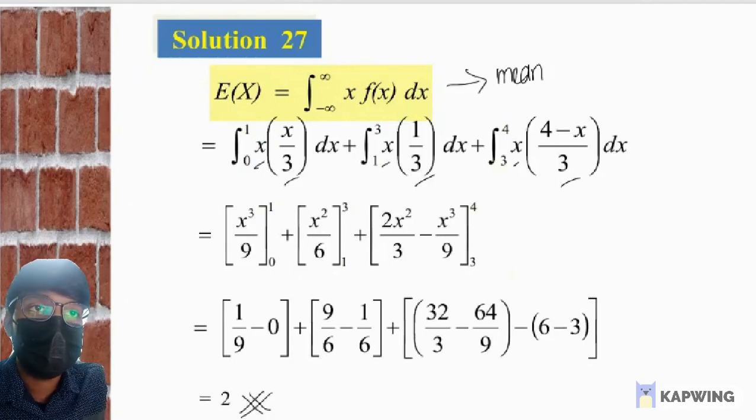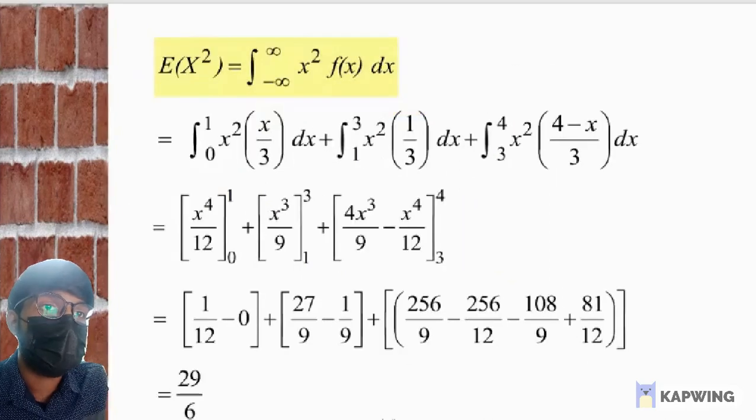We will proceed to the second question, where we need to find E(X²). E(X²) is equal to the integral from negative infinity to infinity of x² f(x) dx. We need to bear in mind that we substitute x² f(x) according to the formula.